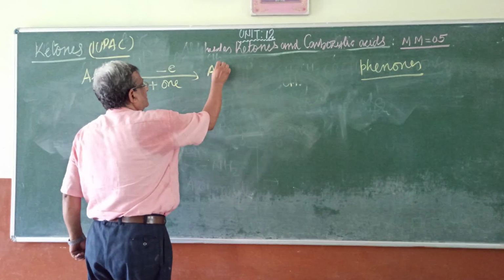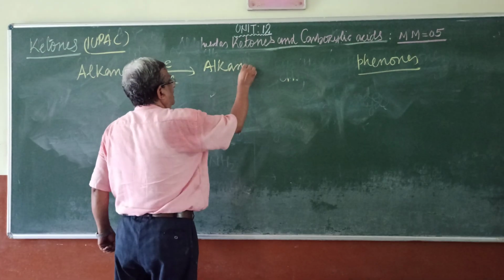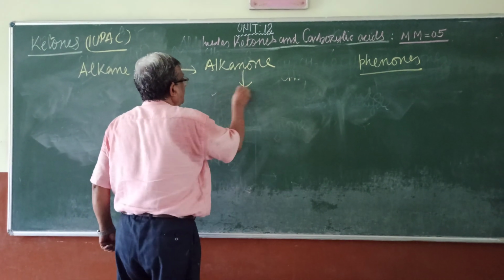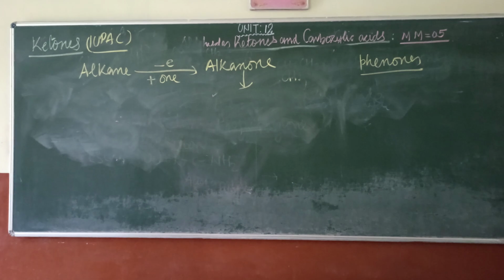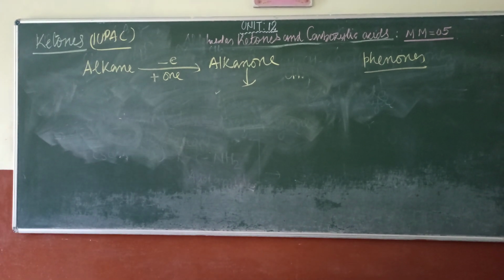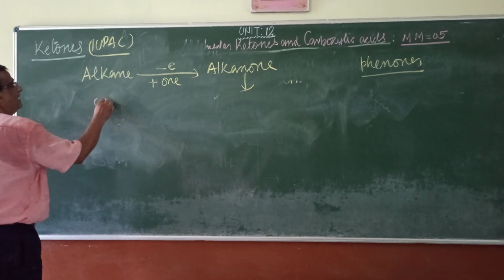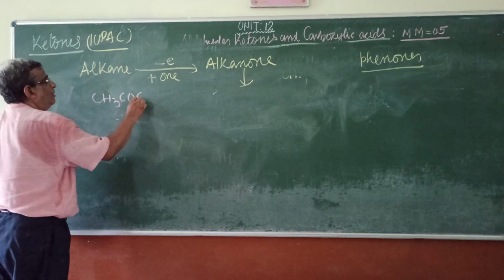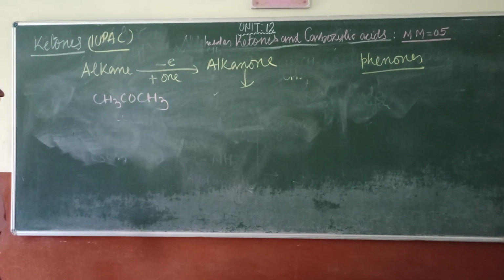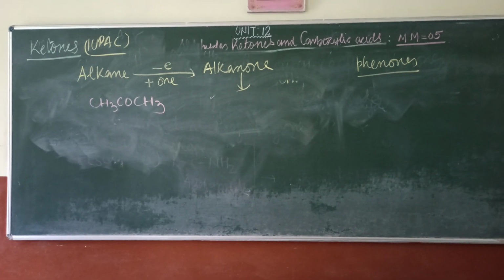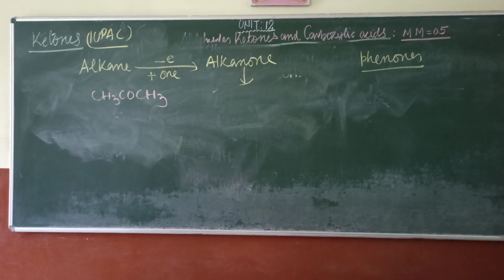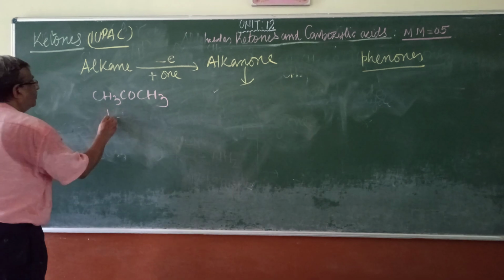This becomes alkanone. All the ketones are named like this. For example, I write here CH3COCH3. The IUPAC name is, I have told you, this is called propanone.